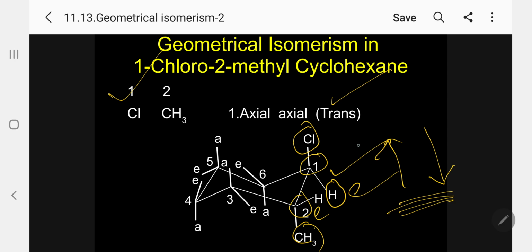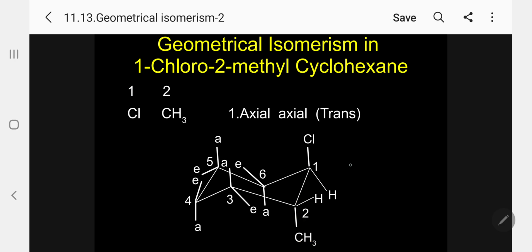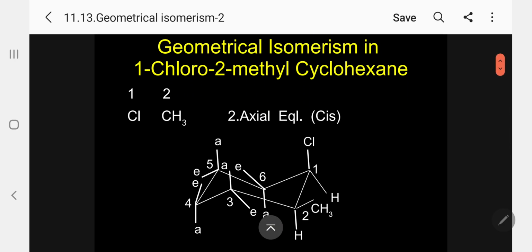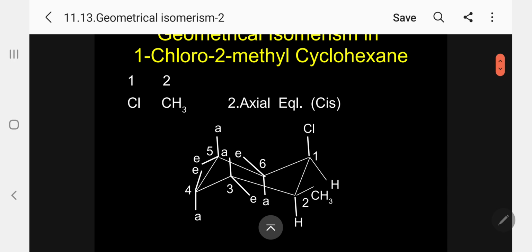So axial trans. The same way, the second example, kindly follow, chlorine in axial, 1 carbon. In the second carbon atom, the methyl group in the equatorial. So automatically we have to consider hydrogen. In 1 hydrogen is below.